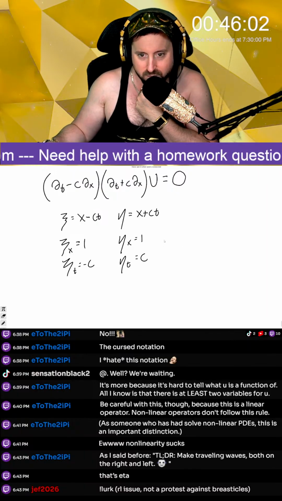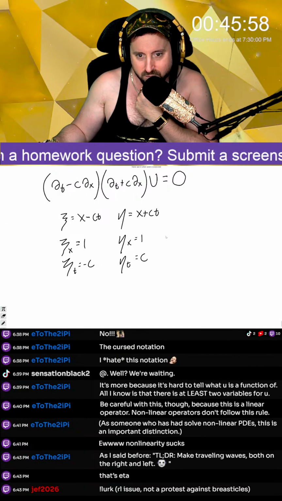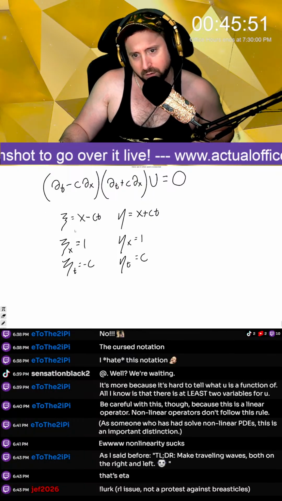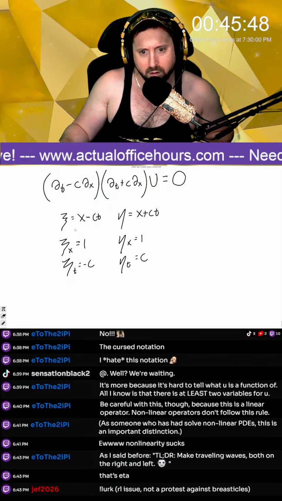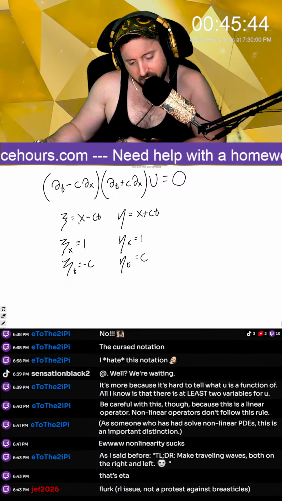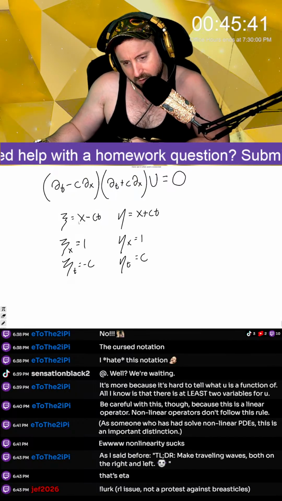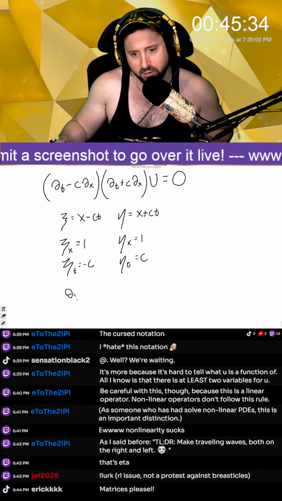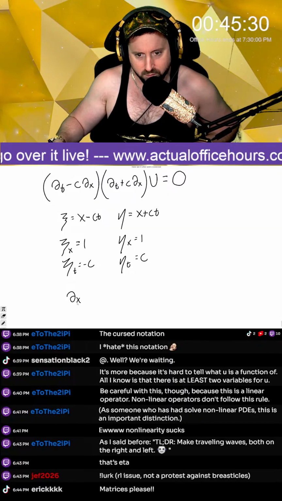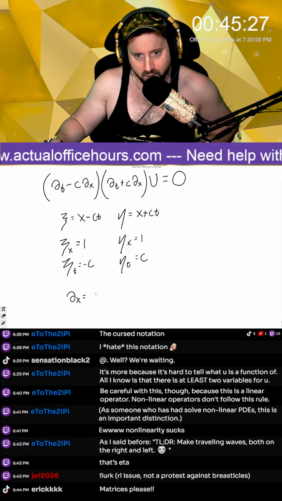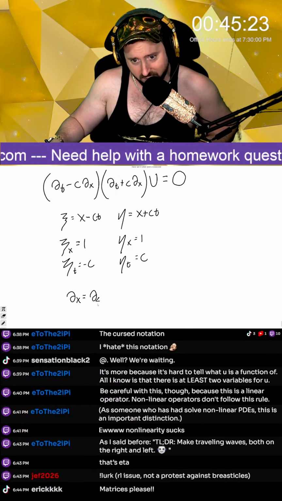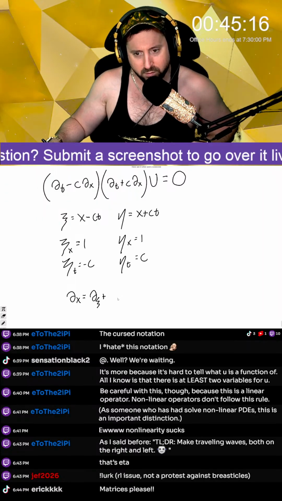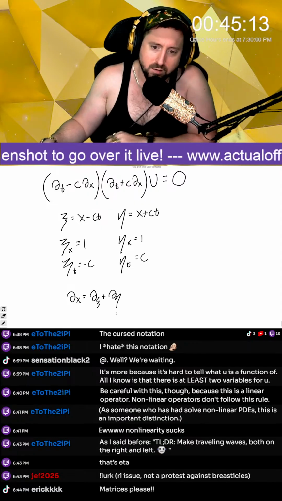Our partial x, the same way that we wrote our operators up above, is equal to our partial xi plus partial eta. I forget the Greek names, but okay.